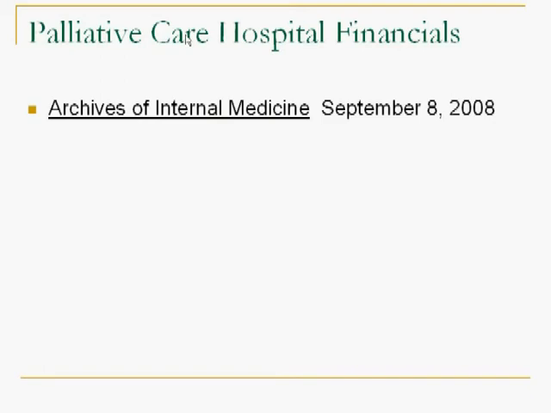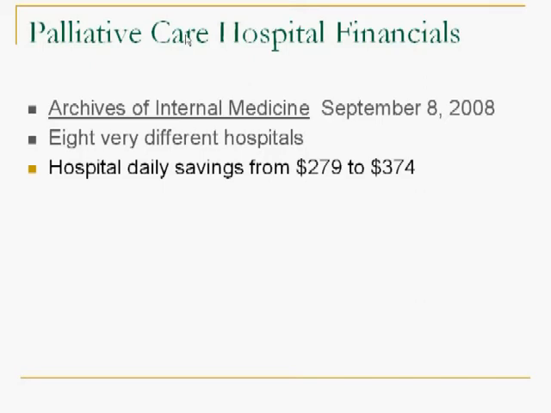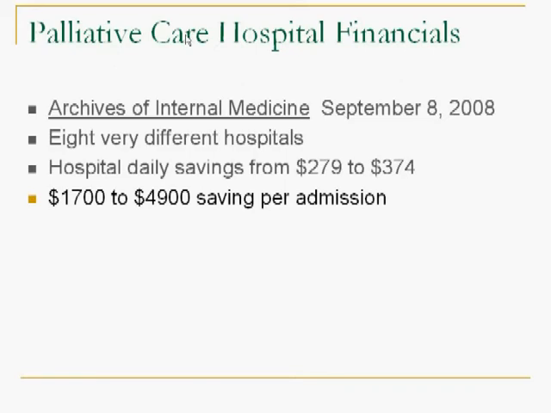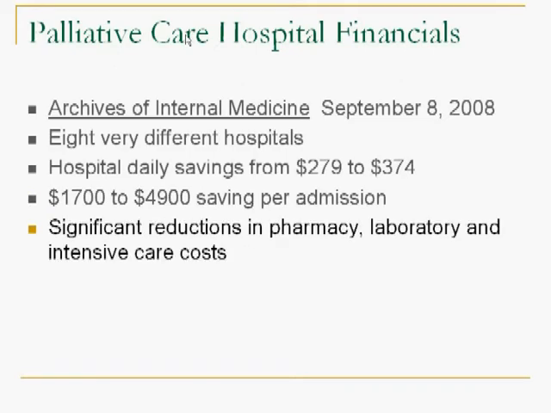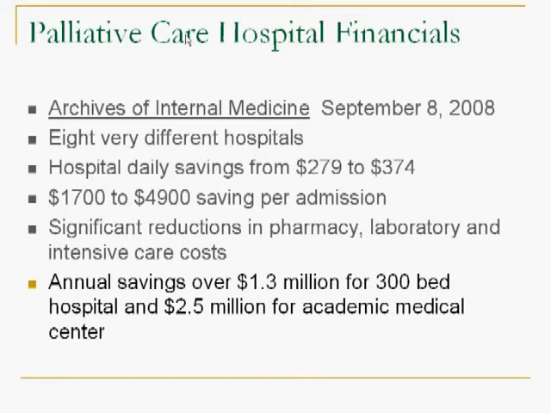A recent article last month in the Archives of Internal Medicine looked at 8 very different hospitals with mature palliative care services and average daily savings after palliative care consultation of between $280 to $375, representing thousands of dollars of cost savings for the hospitals per admission, with reductions in pharmacy, laboratory, intensive care costs.